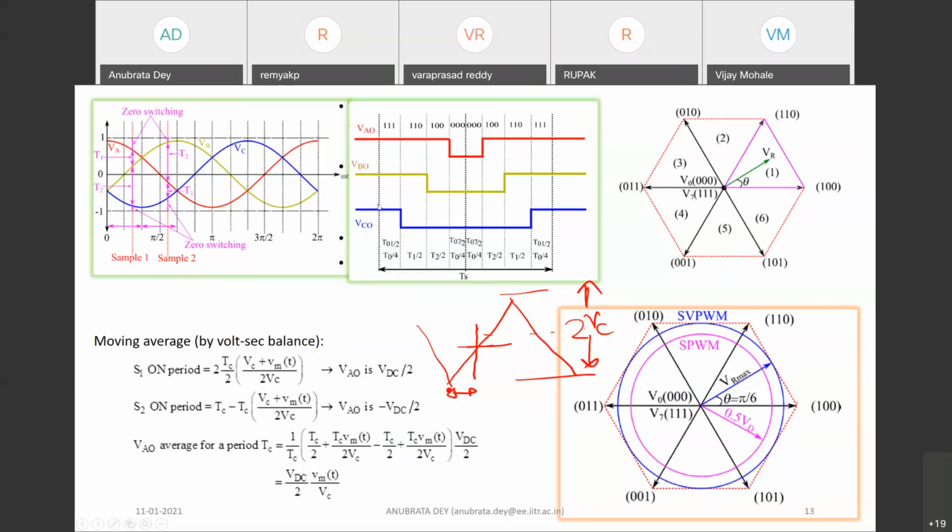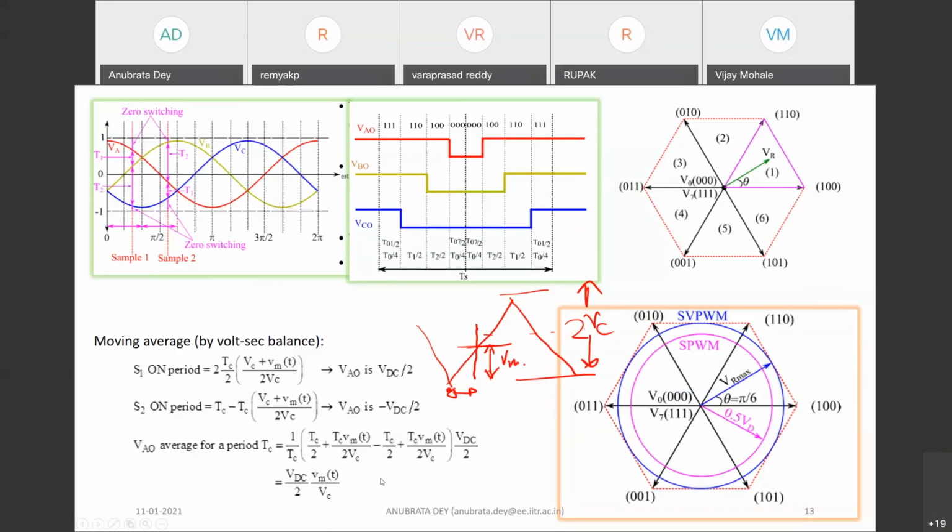Okay, so this is the Vm, the sample value, right? Where you are crossing, this is the Vm. Actually, the length of this is Vm. So based on that, it is always maintaining a proportionality with respect to your VDC by 2. And for a given carrier VC value, this is always maintaining a proportional relationship.